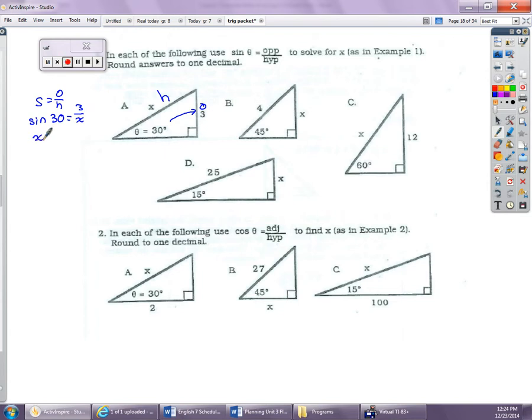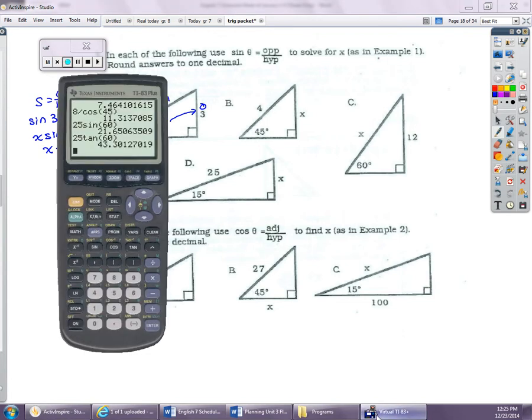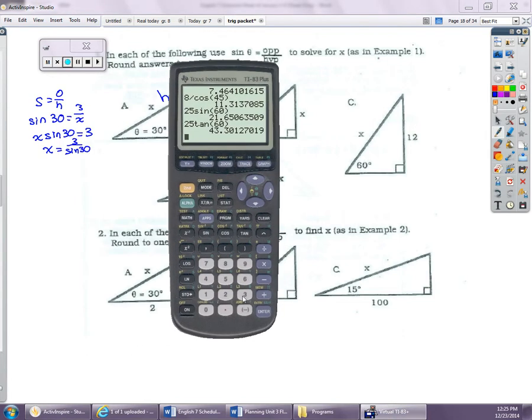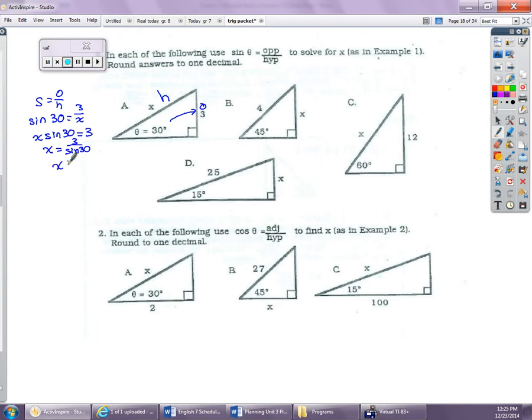Multiply by x, divide by the sine of 30, and then we plug it in. So we do 3 divided by the sine of 30, and we get 6. So what I want you to do is to work on these. Pause it, work on it, and when you're done, come back and check your answers.